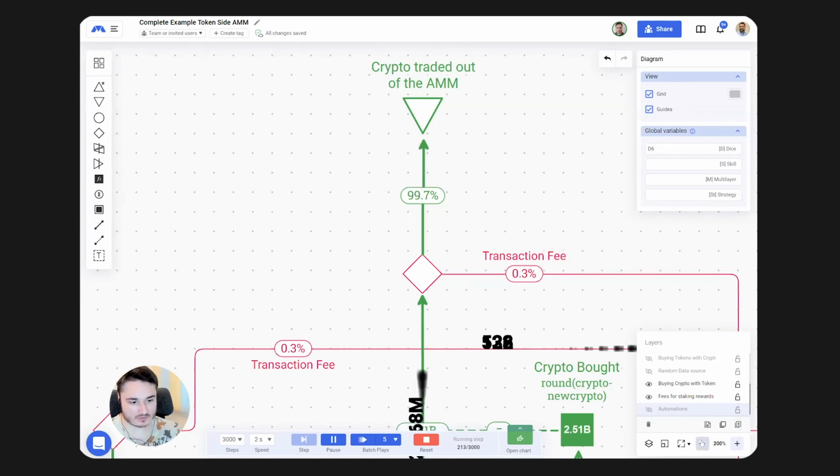Now, 0.3% roughly means a third of a resource, let's say that. So what the deterministic gate will do is, over the course of 3 steps, it will send a single resource towards the transaction fee resource connection and all of the other towards the drain at the top. Obviously, it's not going to be every 3 steps every time because it's still less than a third. So over time, it will amount to a bit less than that.